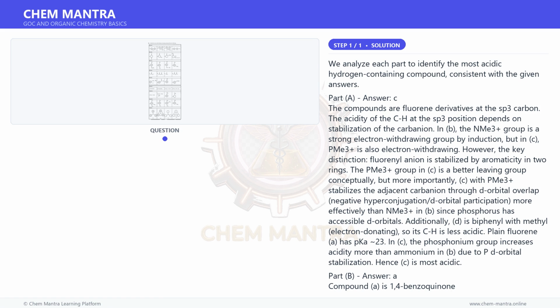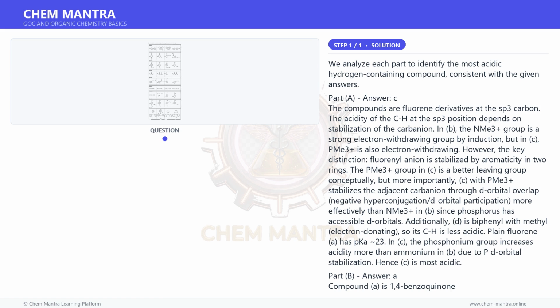The PMe3+ group in C is a better leaving group conceptually, but more importantly, C with PMe3+ stabilizes the adjacent carbanion through d-orbital overlap, negative hyperconjugation, d-orbital participation, more effectively than NMe3+ in B, since phosphorus has accessible d-orbitals.